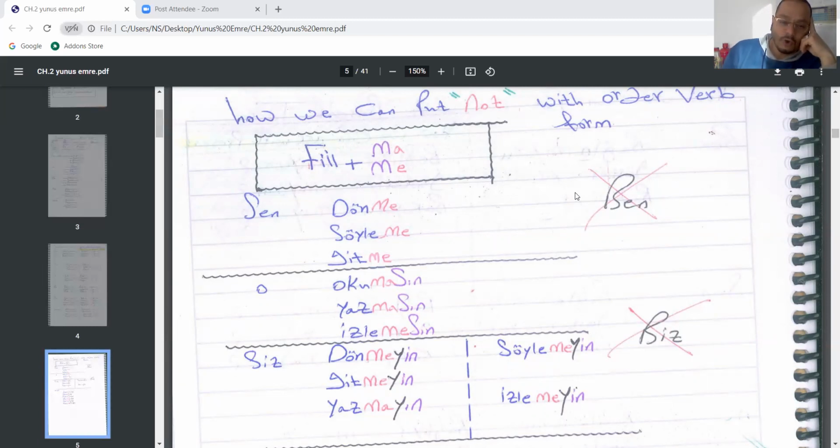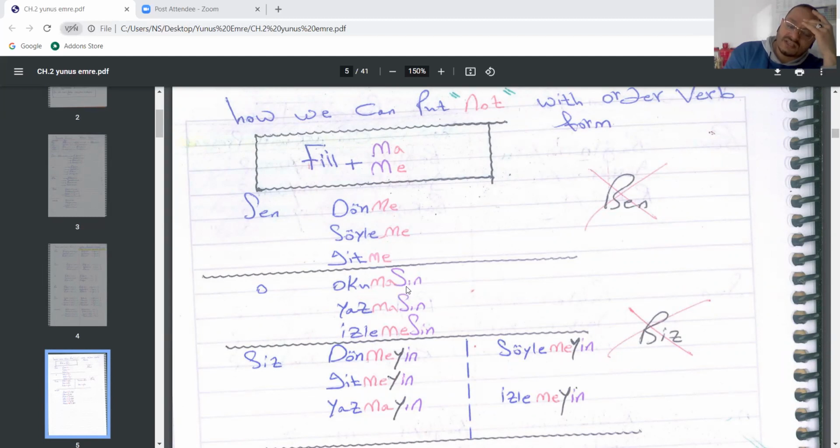Okay, now with o, how can I use this form? The situation is easy, the same form, but I will put more s delta n with o, to be okumasın, yazmasın, izlemesin. What does it mean? That means ma or me is constant and deals with the vowel letter before.